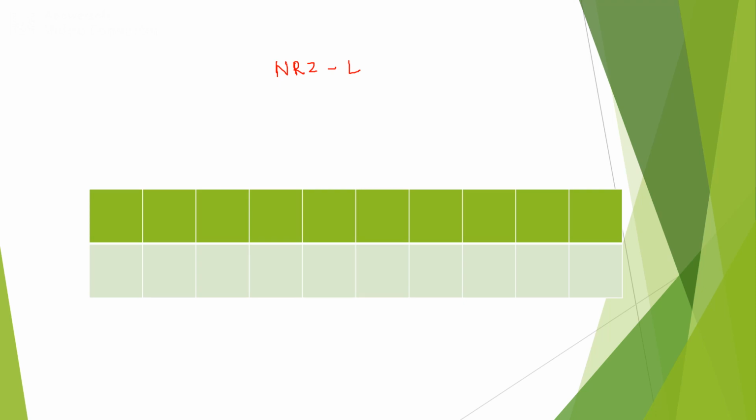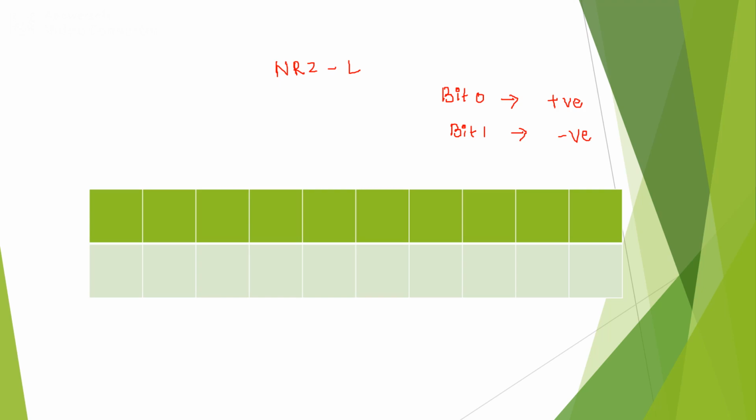As I mentioned before, the voltage level for bit 0 is positive voltage, and the voltage level for bit 1 is represented with negative voltage.